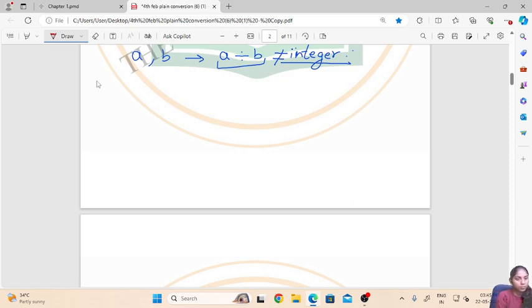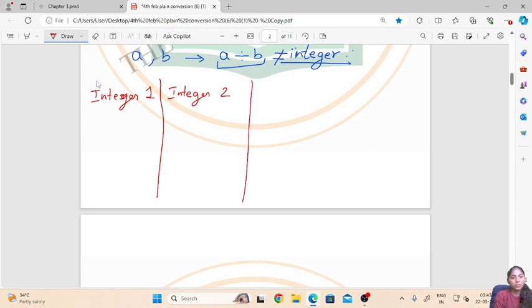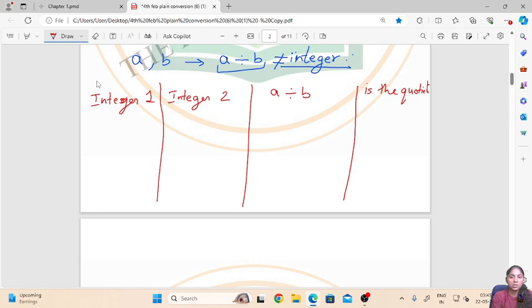We have first integer a, then integer b, then a divided by b, and then is the answer, or the quotient, an integer.